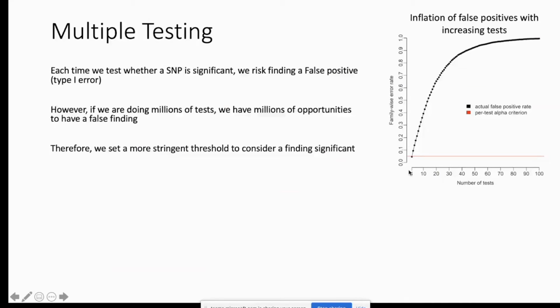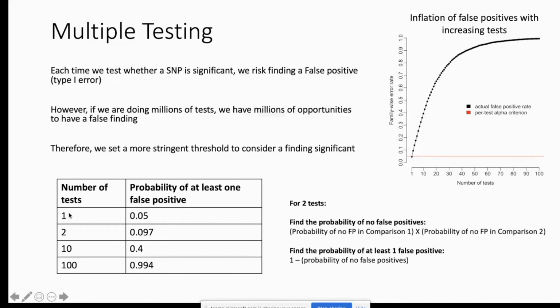If we just do one test, the risk of having a false positive is 0.05, and that's seen as a kind of scientific convention. However, if we make 10 different tests, the risk increases to almost 40%.